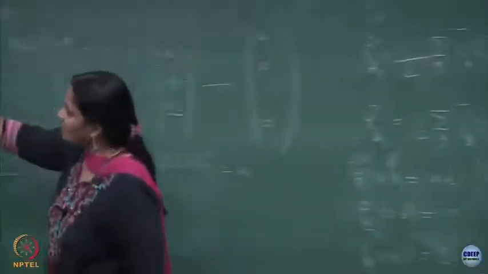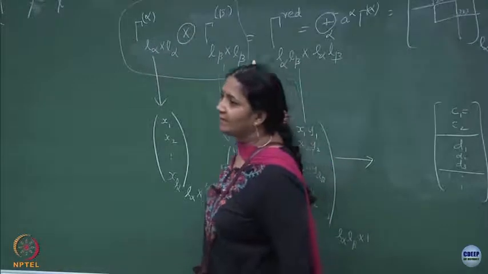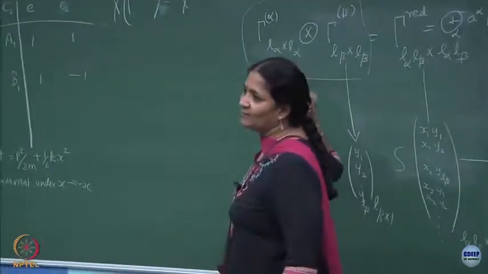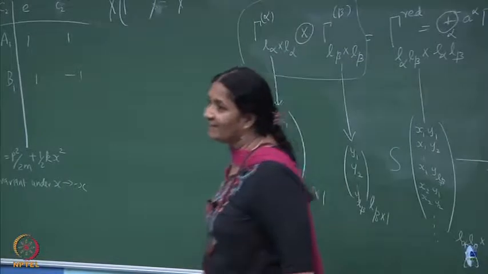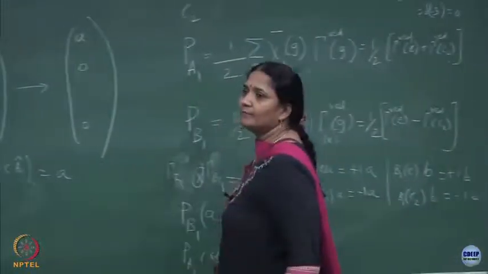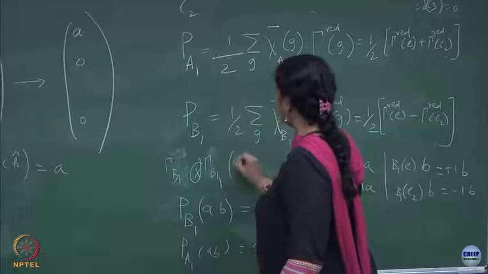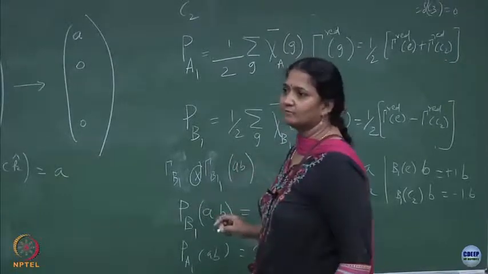This is what I am writing here, right. Take one irrep, multiply with another irrep, that is all I meant as a shorthand notation. It is a tensor product, yeah. So, the tensor product will act on a basis which is AB, that is all I am trying to say.